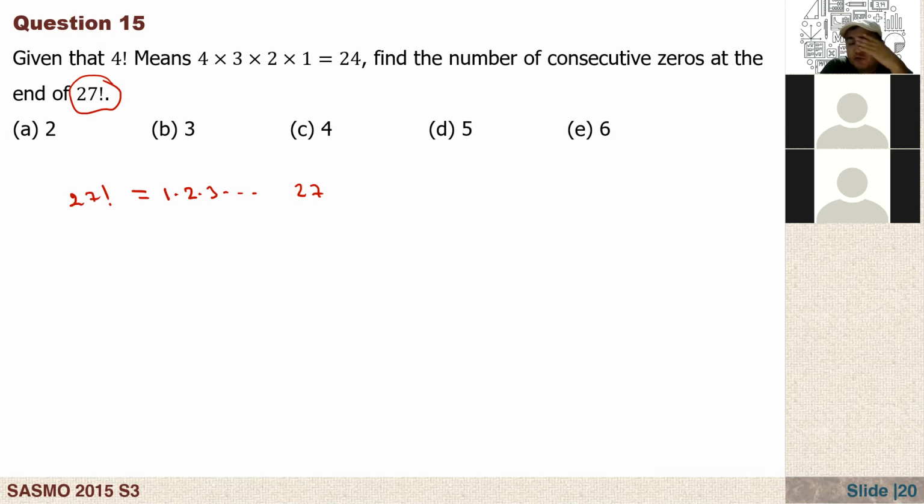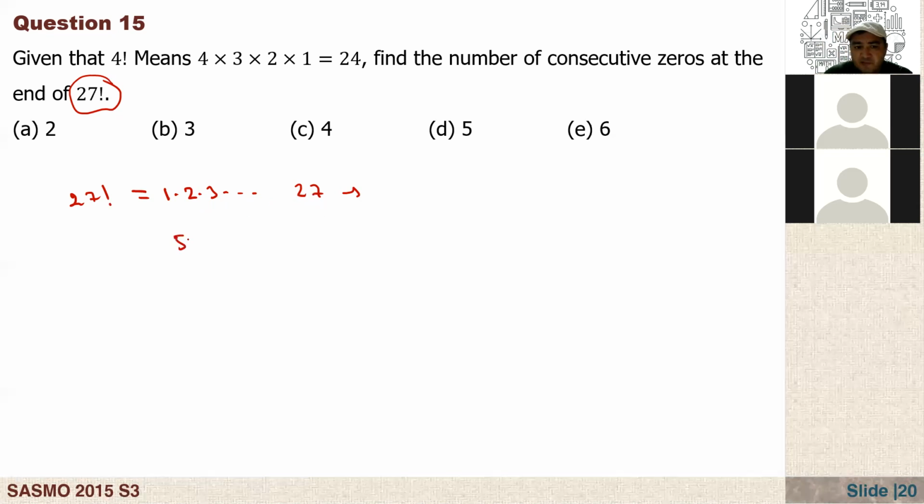2? Yes. But actually, Narmin, in this kind of question, if you multiply them out, we have more even numbers, or twos, than fives, right? And the product of 2 and 5 creates 0, because 2 times 5 is 10 times any whole number, which means the last digit will be 0. So in this kind of question, we just need to find the number of fives. From 1 to 27, how many multiples of 5 do we have?